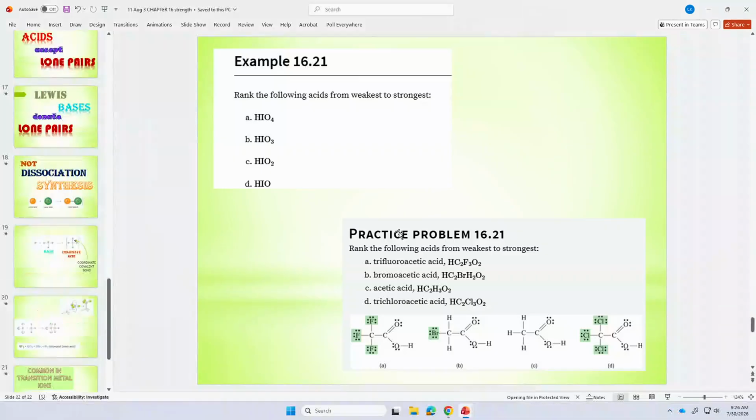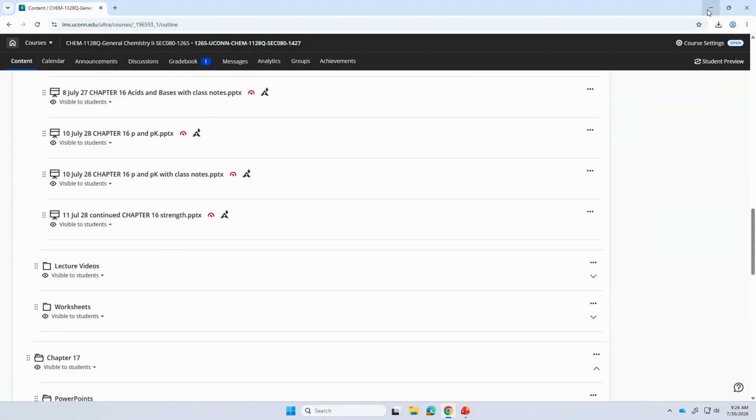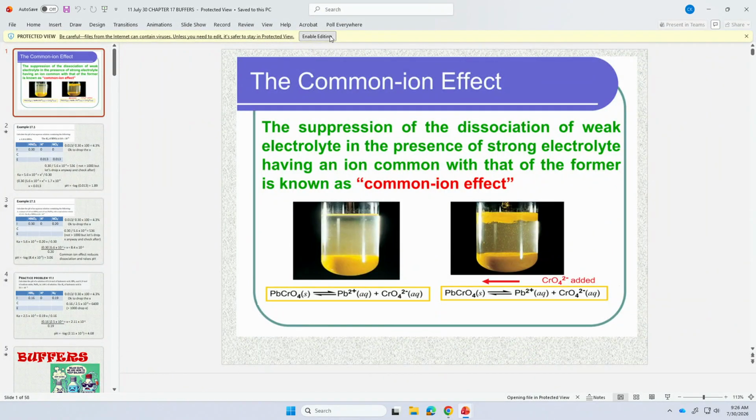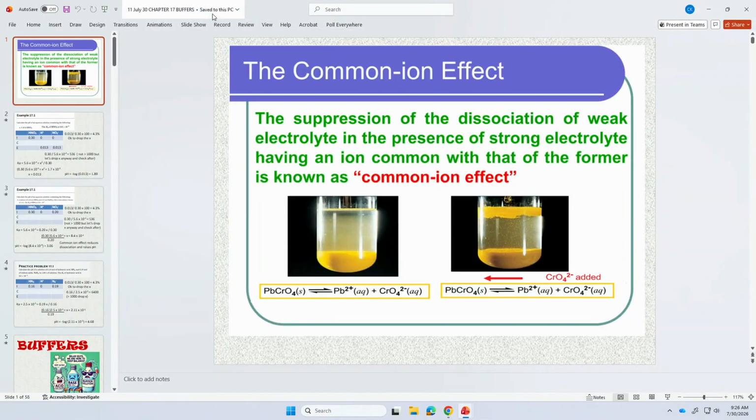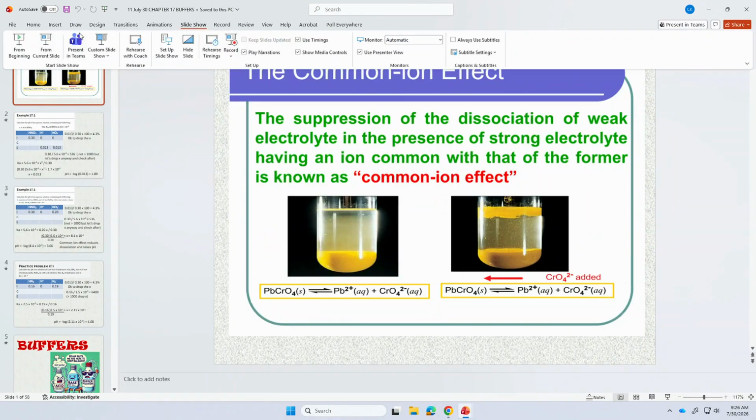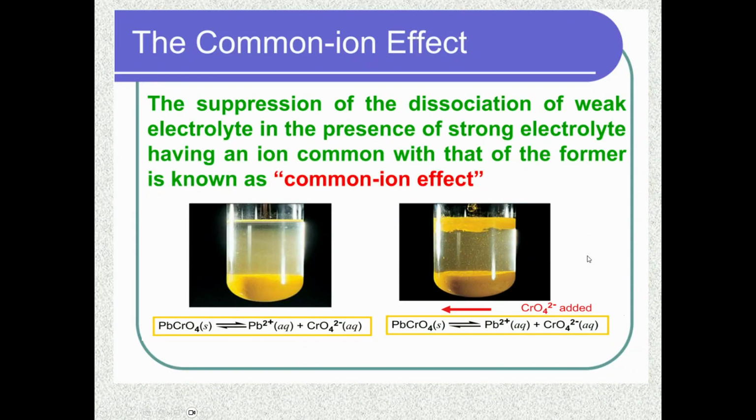Okay, so the only other thing that was in chapter 16, I've actually moved into the chapter 17 PowerPoint. So we're starting chapter 17, but as I said, it really is just a continuation of chapter 16. Okay. So we're going to start with the concept of a common ion effect.